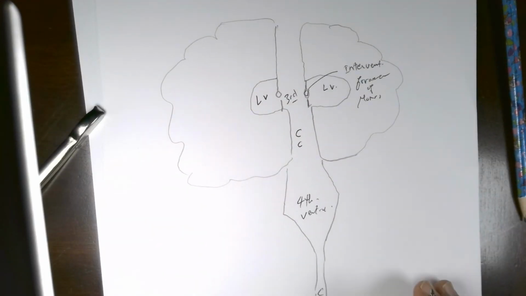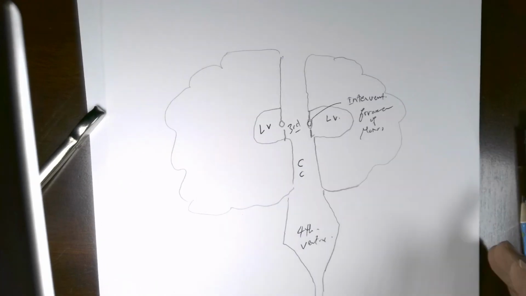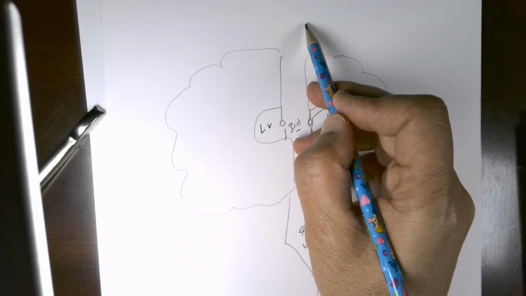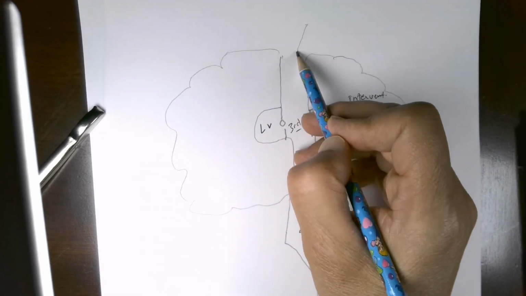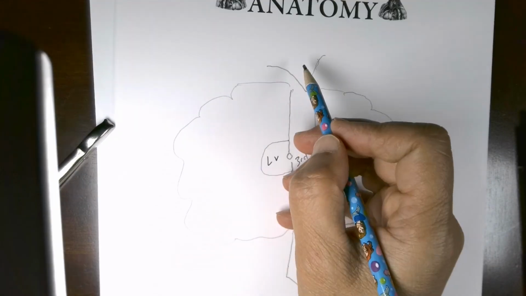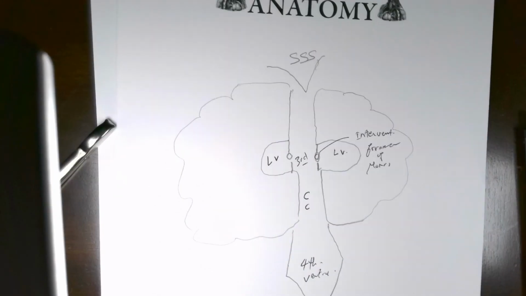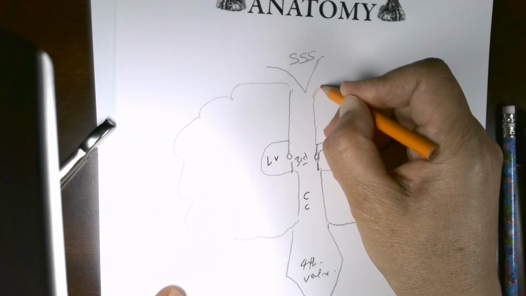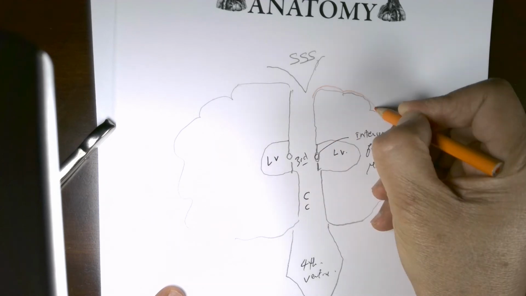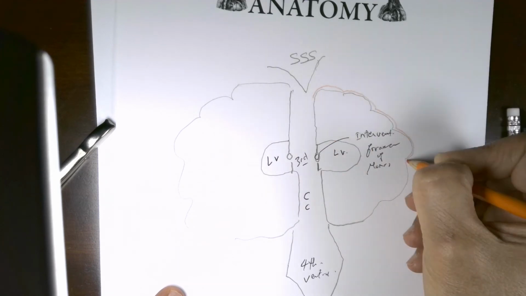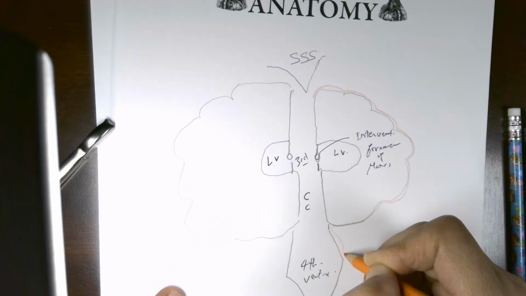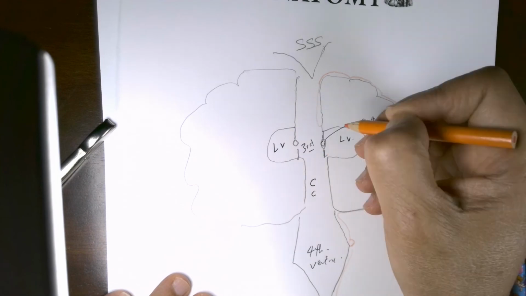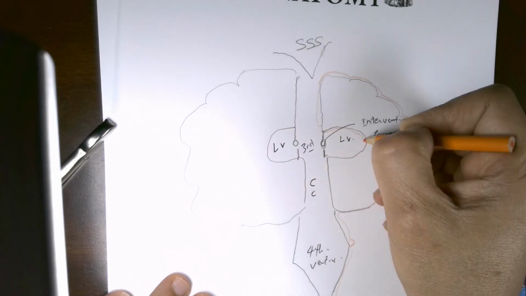So if we remember, we find that the superior sagittal sinus is located here. The brain is covered by pia mater.